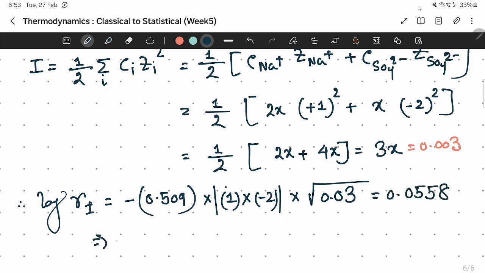So then it's FM. So this is the mean activity coefficient.